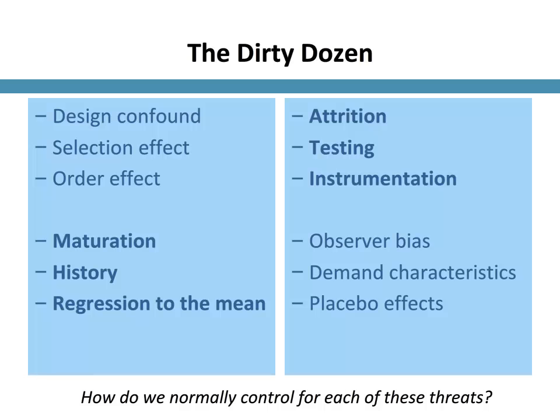All right, a regression threat is a shortened way of talking about regression to the mean. So a regression to the mean is when someone does exceptional at a task in one instance. It is more likely that they will have an average performance the second time around just because we tend to regress to the mean.